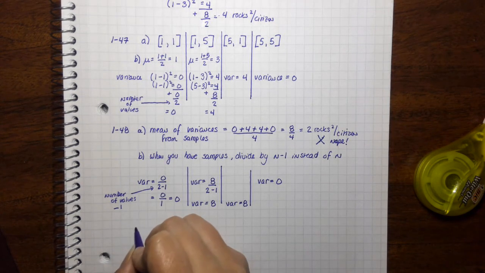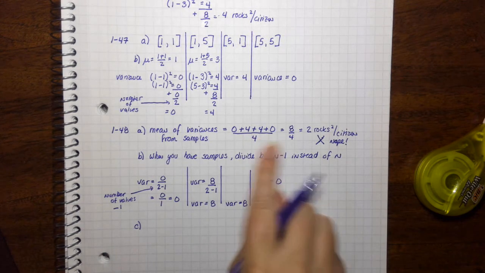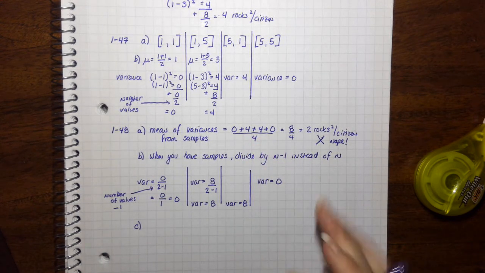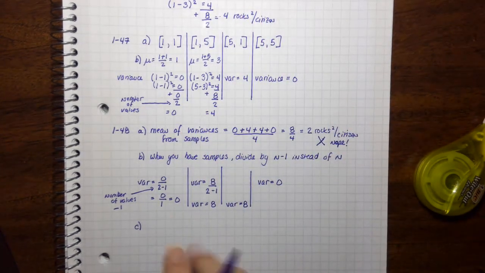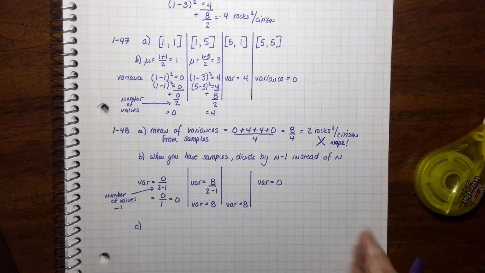Okay, so now I'm going to repeat this calculation from A, and I'm going to show you that now I get the correct variance because I made that correction for working with a sample.